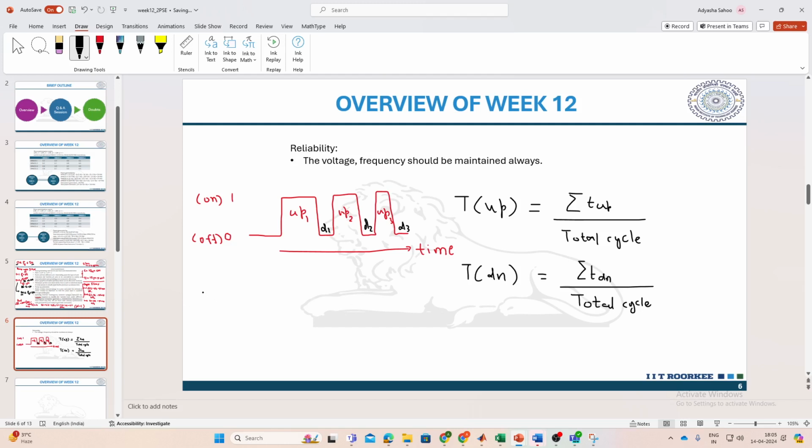So from here we calculate the mean cycle time as T up plus T down.